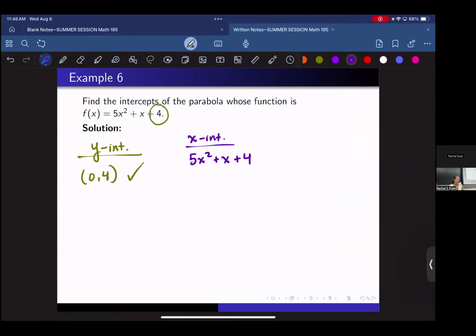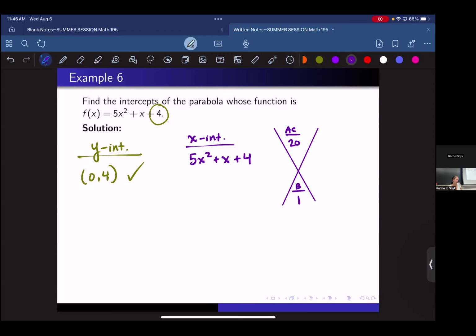Is this factorable? We're going to have to use our AC method here to see if this works. So our A is 5, our C is 4, so factor pairs of 20 that add up to 1. Don't think it's possible, right?